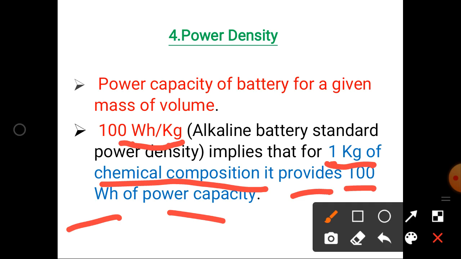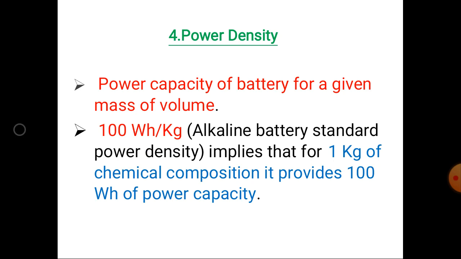Depending upon the mass of chemical composition inside the battery, we get the power capacity from the particular battery, right? So that is the power density. These are all some important technical terms used in batteries.